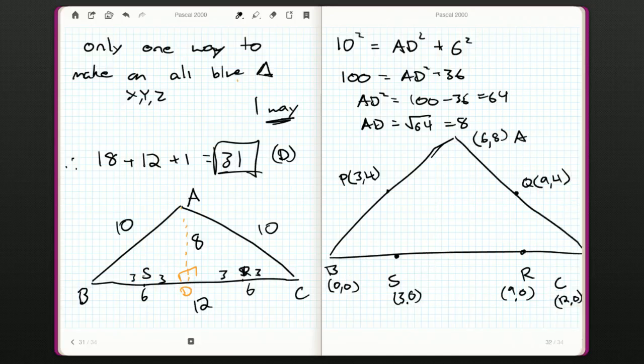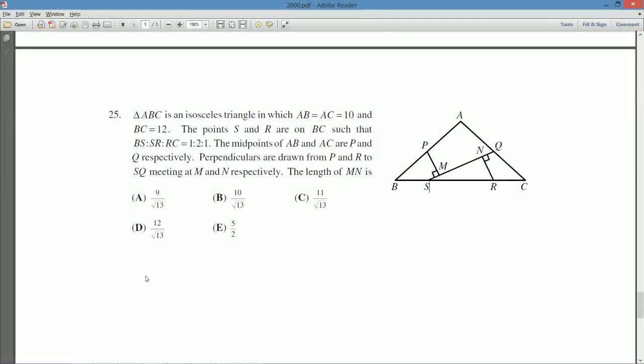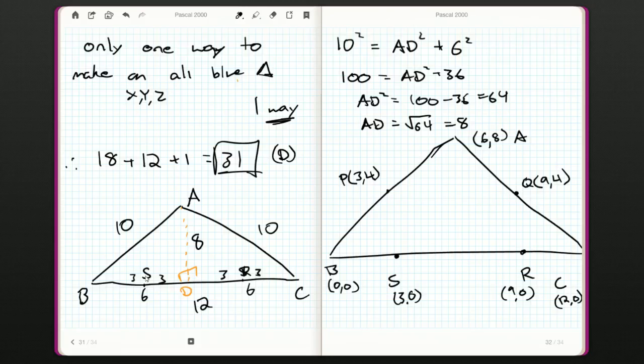So now if you were worried, you can all stop wondering, do I have these points in the right order? Yeah, okay, I do. But now that I have all these coordinates, because I have S and Q, I can figure out the line between S and Q. I can figure out the equation for that.